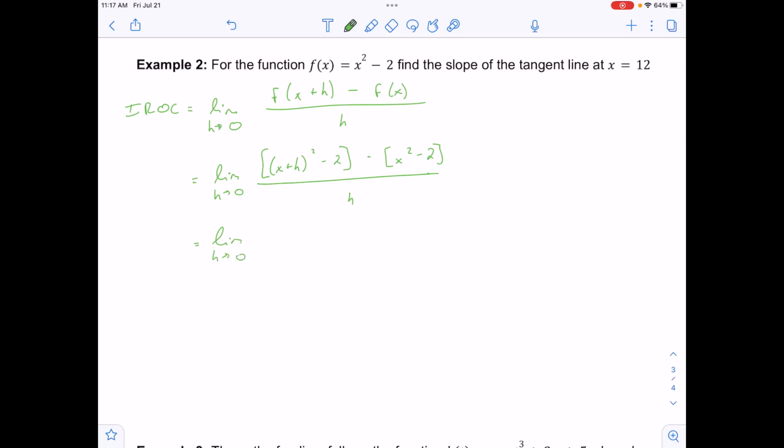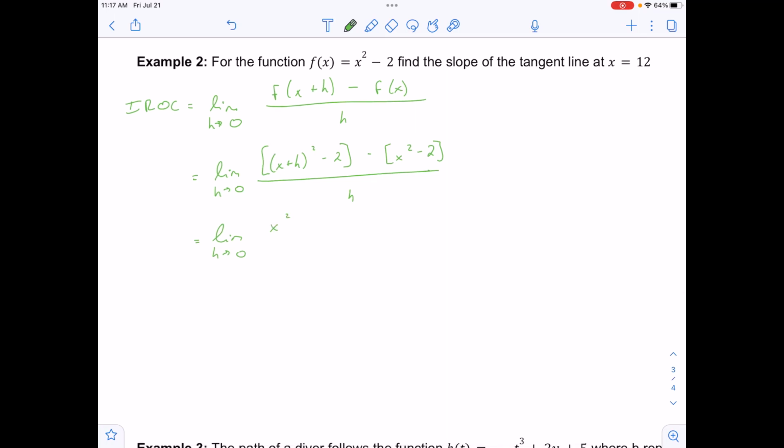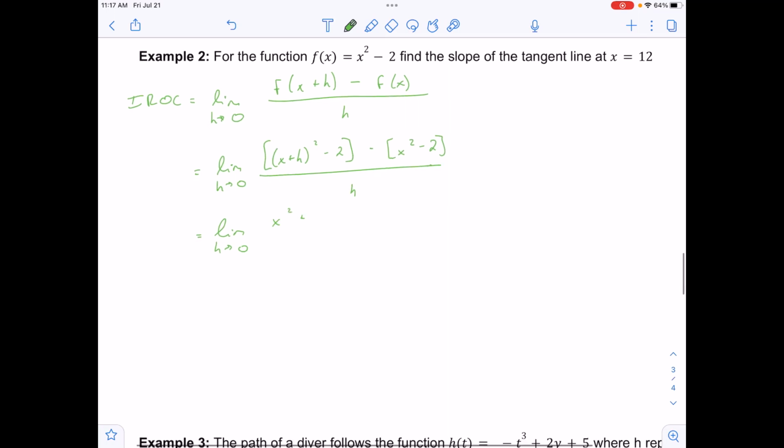So if I have an x plus h all squared, that's going to be x squared plus 2xh plus h squared minus 2. And then I'll also have a negative x squared, so minus x squared, and then a plus 2, subtracting a negative, divided by h.